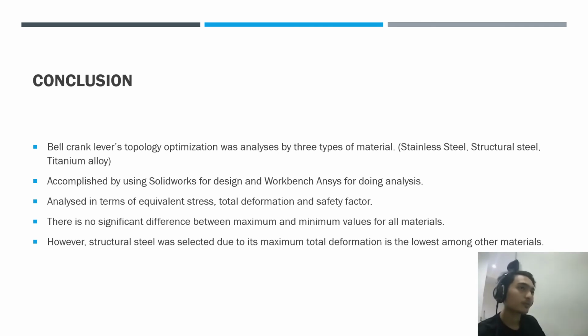And we analyzed in terms of equivalent stress, total deformation, and safety factor. There is no significant difference between the maximum and minimum values for all materials, like my friend presented in the previous video. However, structural steel was selected due to its maximum total deformation, which is the lowest among the other materials.